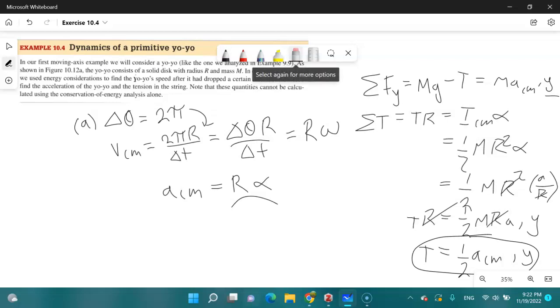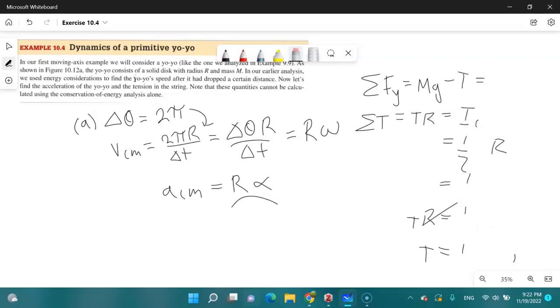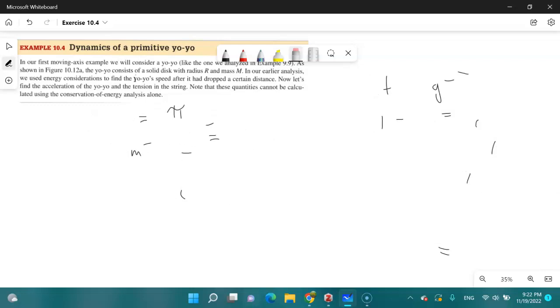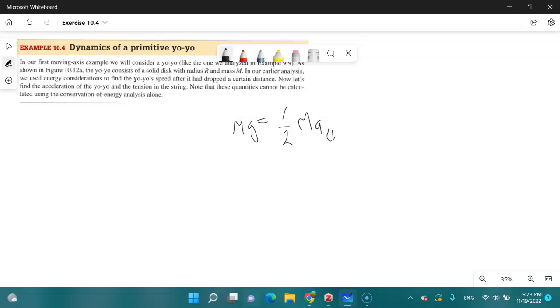And now we can move on to finding the exact acceleration, because we do have the tension already solved. So to find the acceleration, we're going to need the mass again. So we know that the weight minus half of the mass times acceleration in the y direction equals the mass times acceleration.